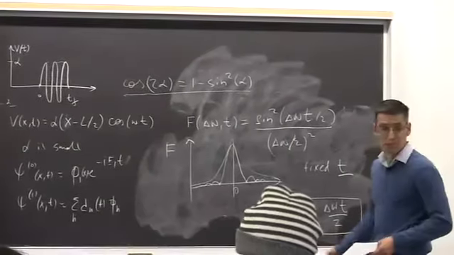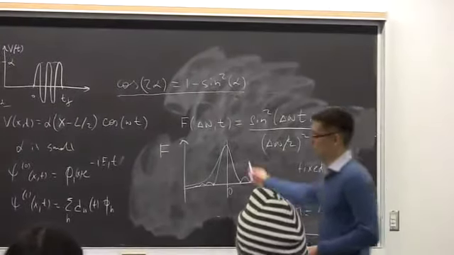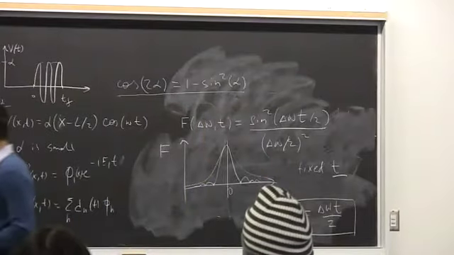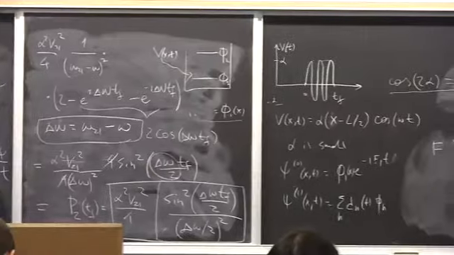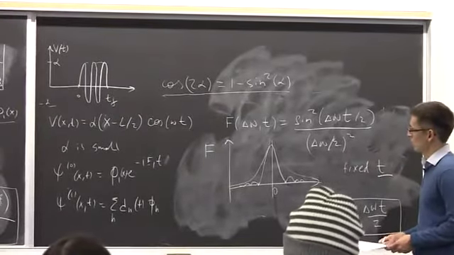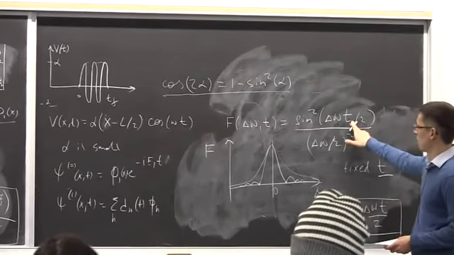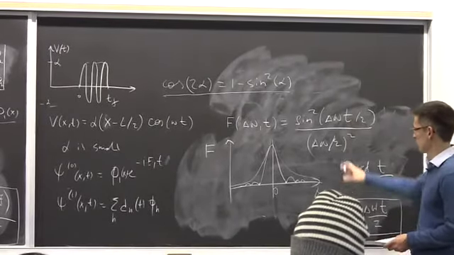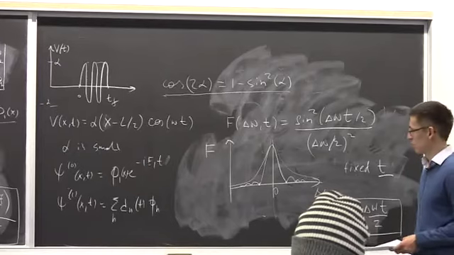Sorry, what is f? Well, just a function that we have here that carries the information about frequency and time, right? So we will study both: how does it behave with time, and how does it behave with the frequency difference?